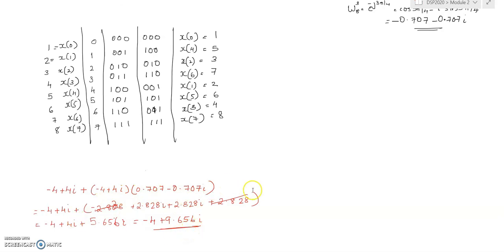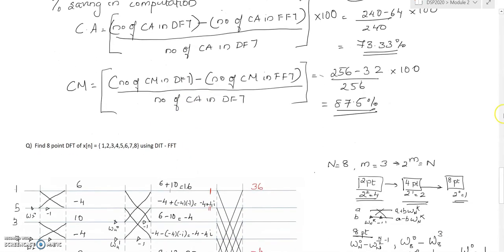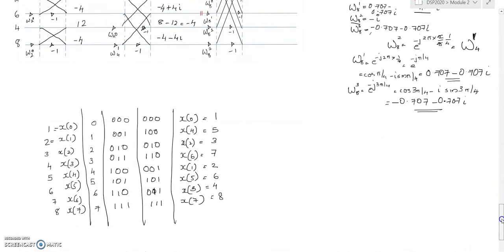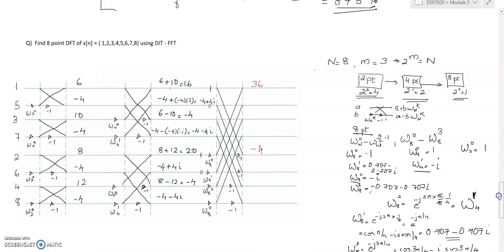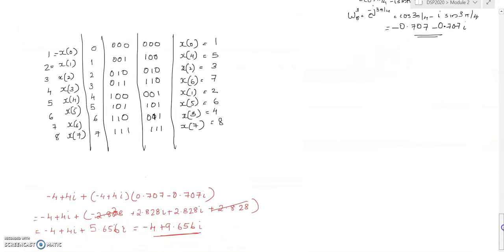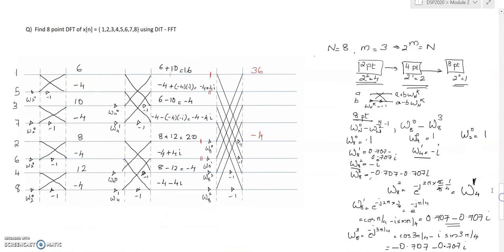Eventually when we solve this, we get the answer as -4 plus 9.656i.